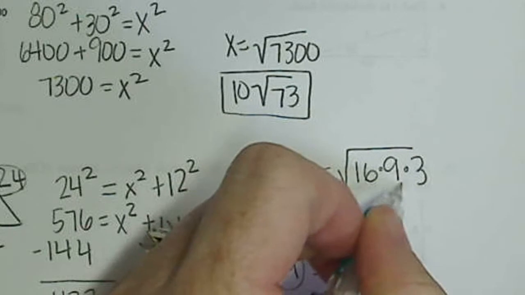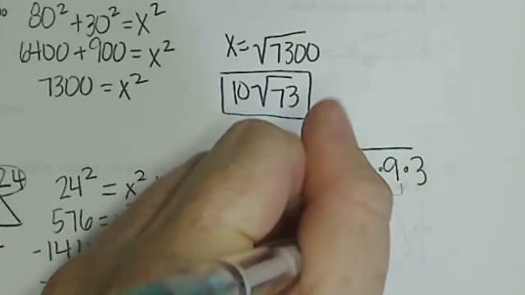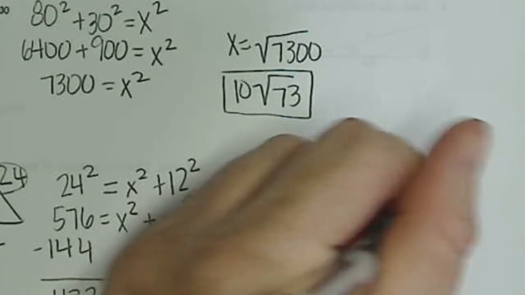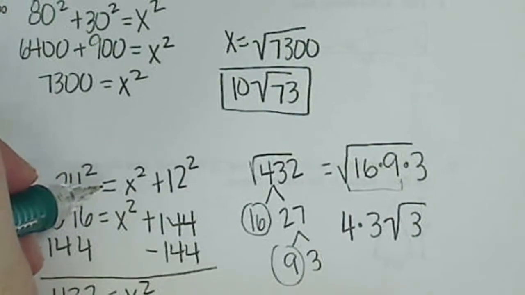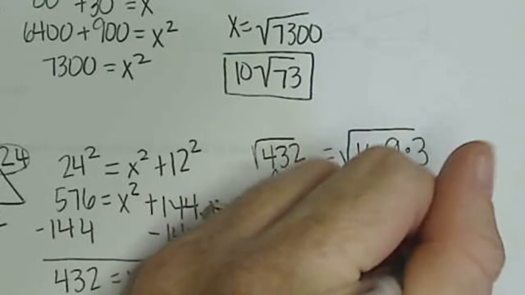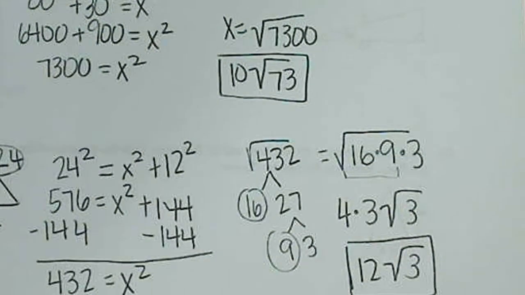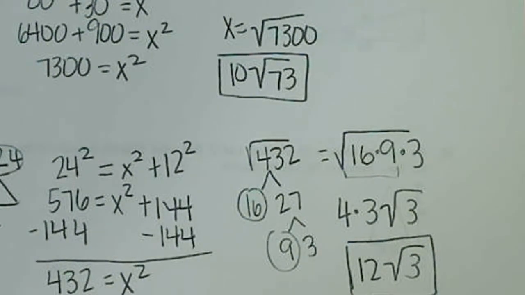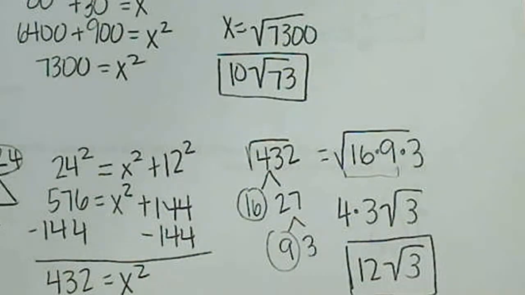So these two can come out as 4 times 3 times the square root of 3, which is just 12 roots of 3. That's how long the length of my triangle is.